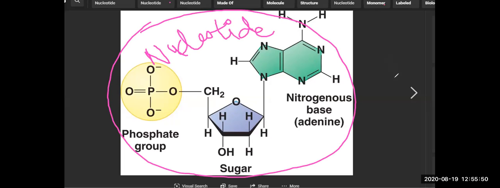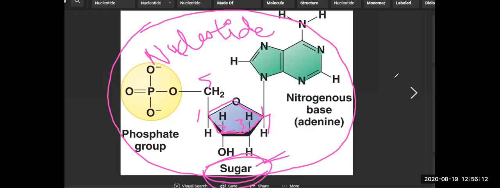So they are talking about this sugar, not any other sugar like glucose or something else. This sugar is not glucose, because glucose is not a pentagon. This is a 5-carbon structure, like 1, 2, 3, 4, and 5.